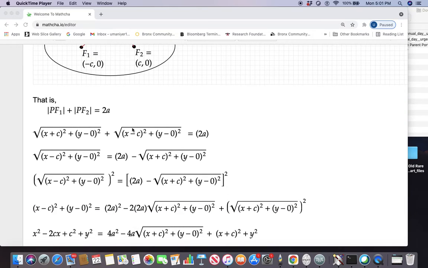All right, now move this one to the other side. It doesn't matter which one you move, but we moved this one. The left-hand side is the root of (x minus c) squared plus (y minus 0) squared. The right-hand side is 2a minus the root of (x plus c) squared plus (y minus 0) squared.